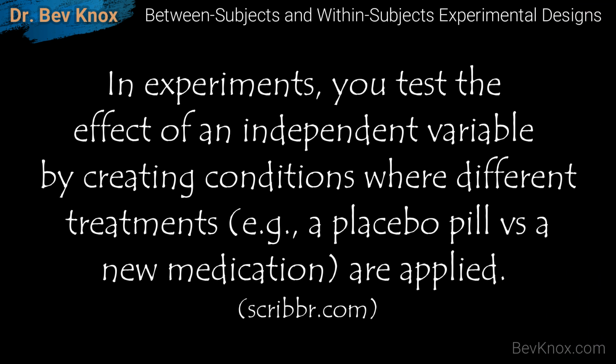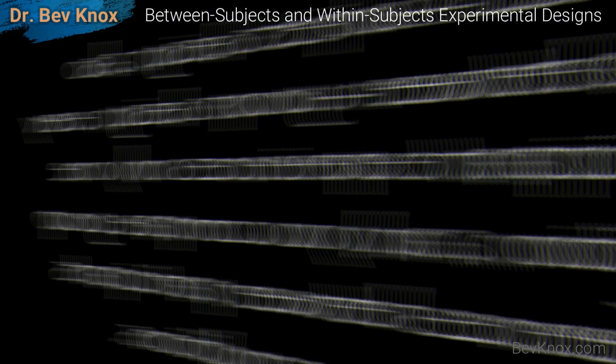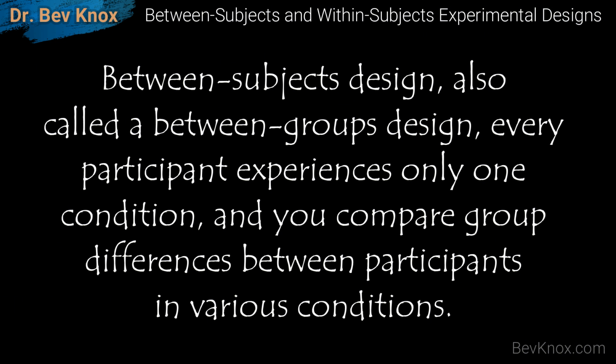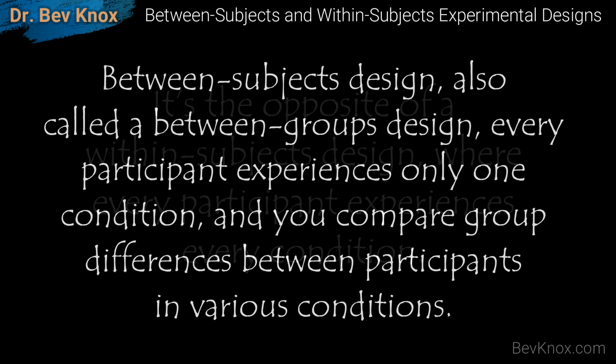Now, just to recap, in experiments, you test the effect of an independent variable by creating conditions where different treatments, for example, a placebo pill versus a new medication, are applied. In a between subjects design, also called a between groups design, every participant experiences only one condition, and you compare group differences between participants in various conditions.